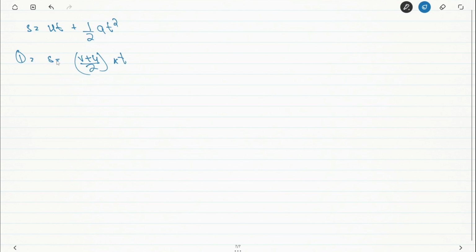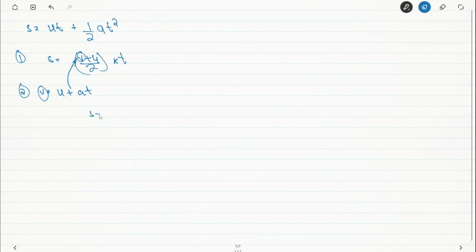And the second equation is v is equal to u plus at. Now what we do here is use the first equation and plug in the value of v, because this is v and this is v. Just plug in this whole value here.